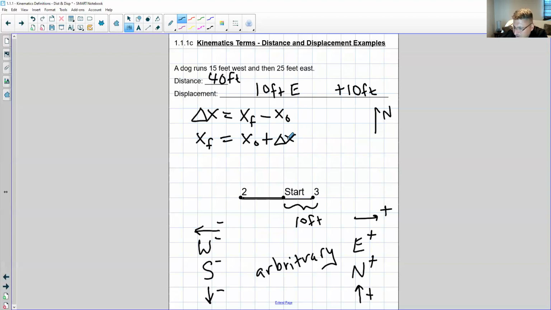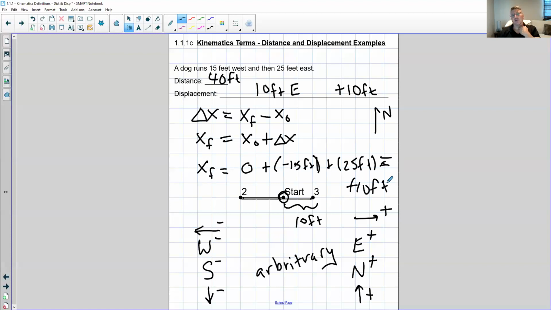In this particular case, if we call our starting position the 0 position, our final position is the 0 position plus a contribution of negative 15 feet plus a contribution of positive 25 feet for a total final position of positive 10 feet.